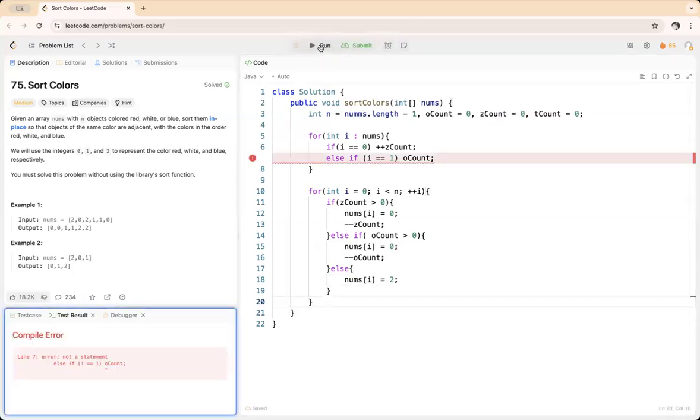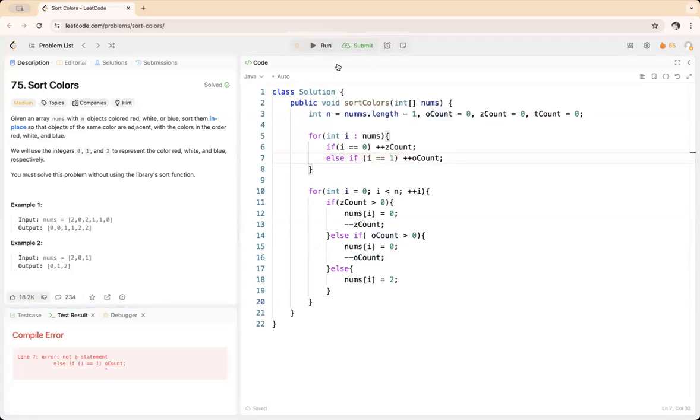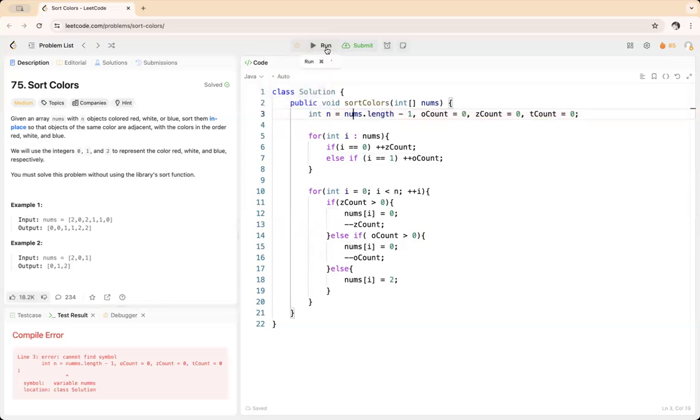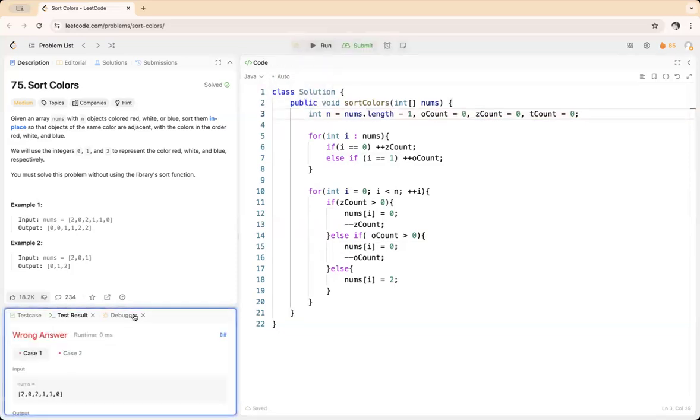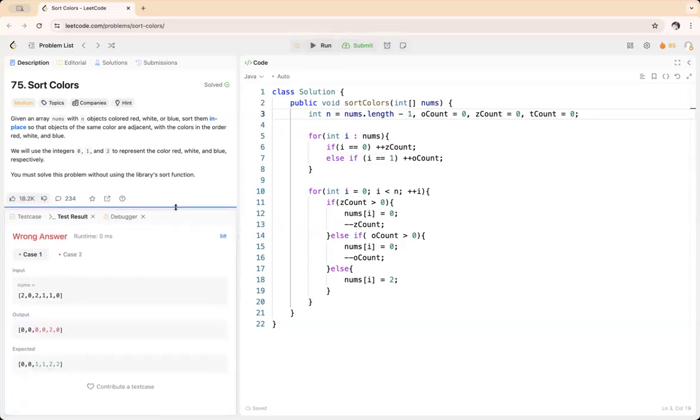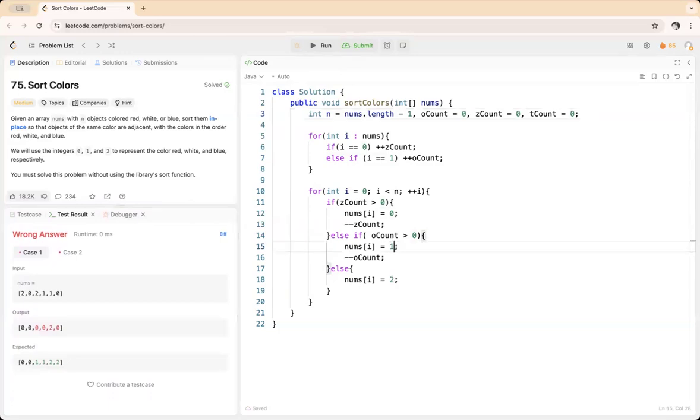So let me run this. O count, so we have to implement this count. Okay, so some mistake is there.